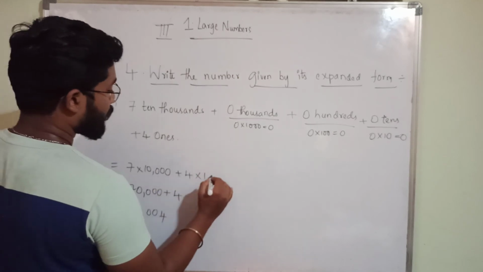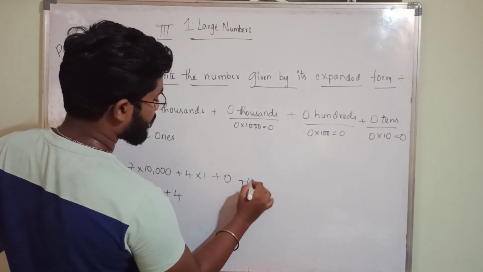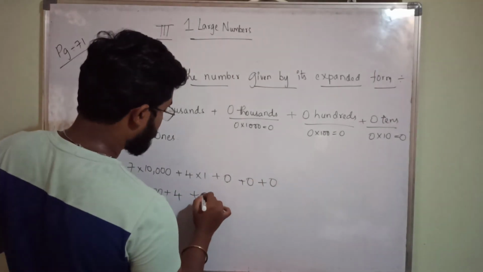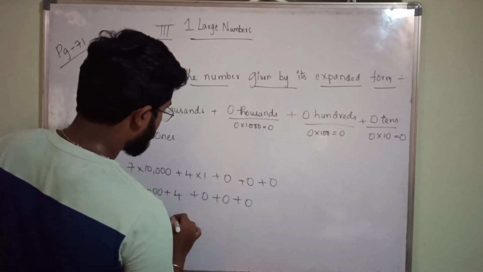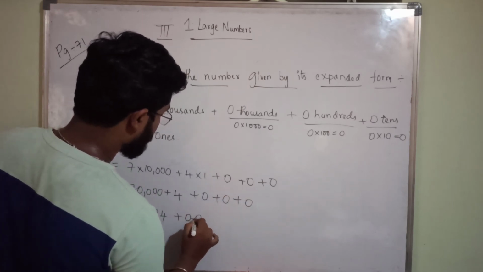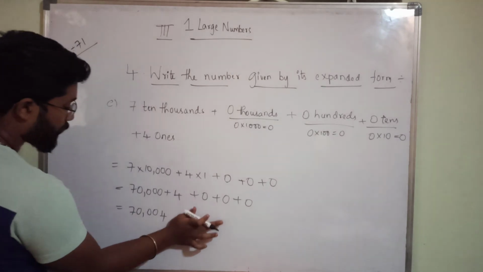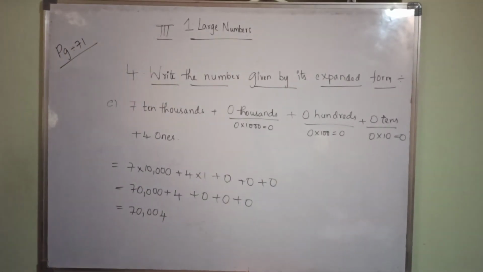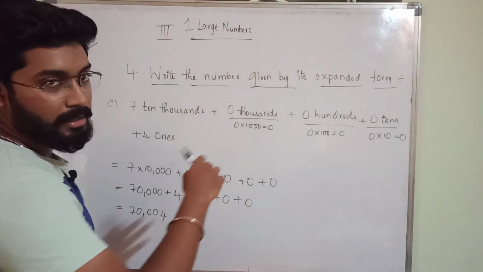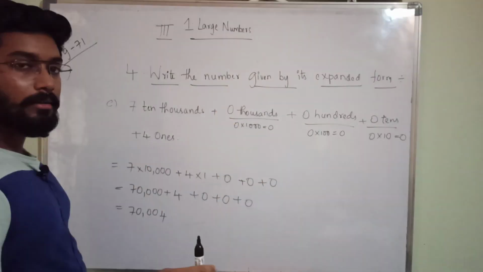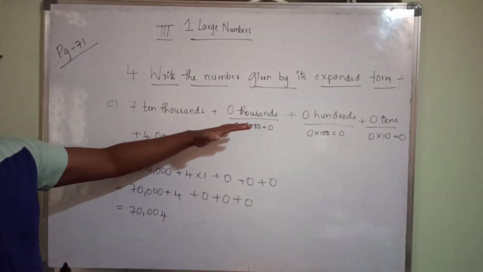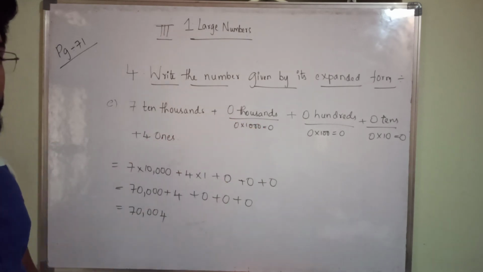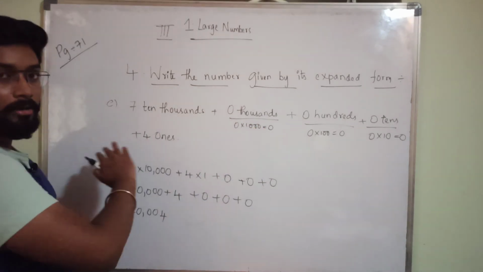If you add plus 0 three times also, you will get the same number. So if 0 into something is there, it is 0, and directly we can write 0, for that term only, not a total 0.